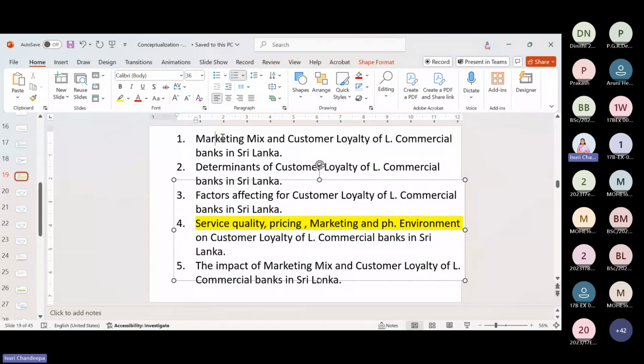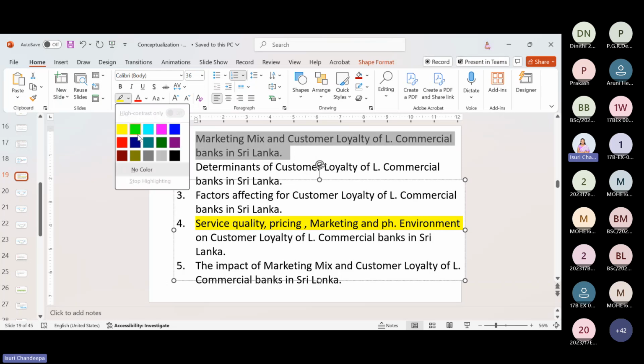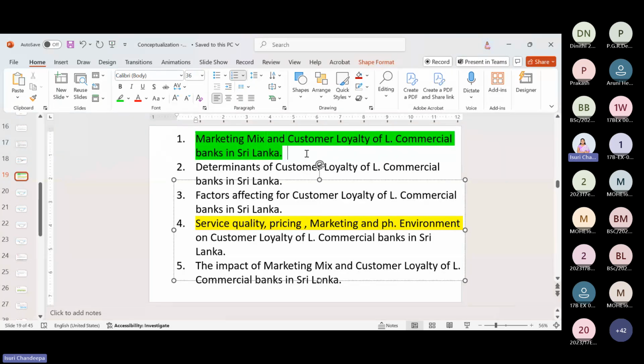So then we include the marketing mix and customer loyalty. Within this research, we are going to test the marketing mix and how it impacts customer loyalty, right? So then the first one, we include the concept. So it is very clear.